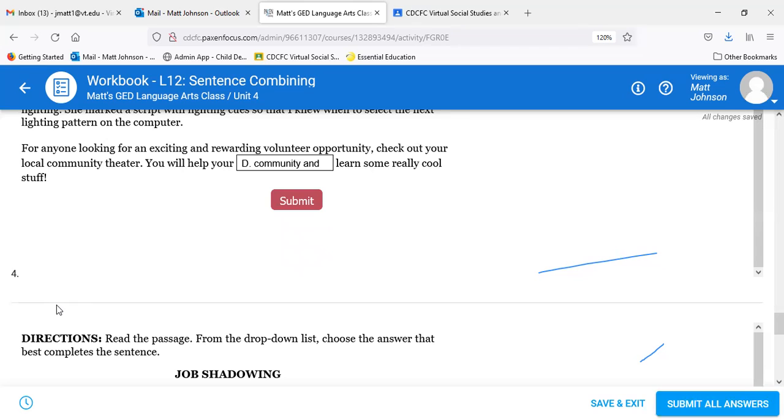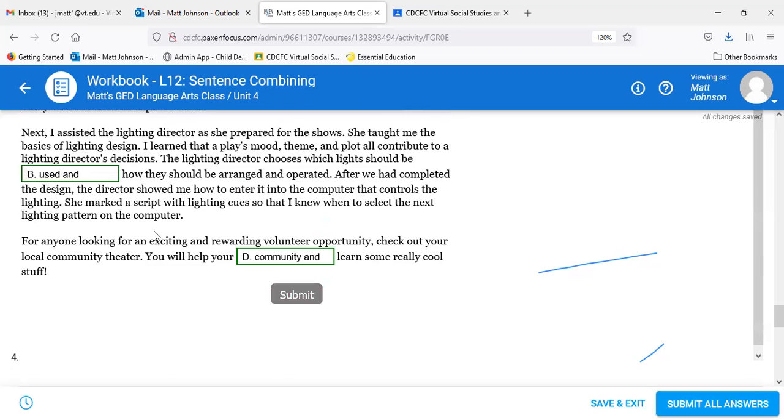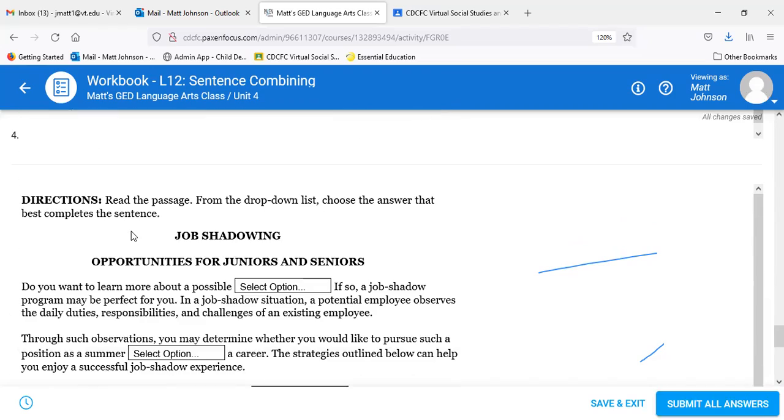If you wanted to chop them up and make the sentence choppy, you could say, "You will help your community." Period. "You will learn some really cool stuff." But same idea, much better flow, much easier to understand if we just use "and." Okay, so that was number 4. We've got one more here.